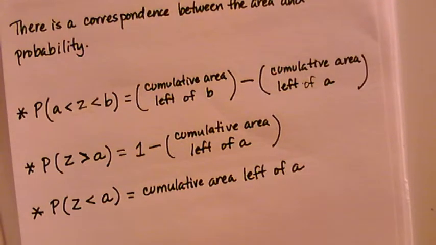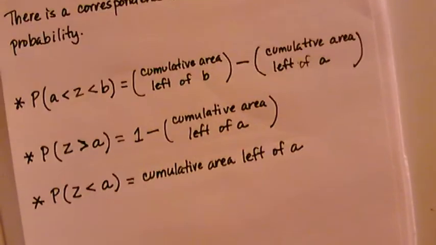Okay, now, we've already talked about finding the area when you're given your z values. Now we're going to be working backwards. In this case here, we're going to be trying to find the z value, not the probability, given the known area. Okay, so here, I'll do this on another sheet.